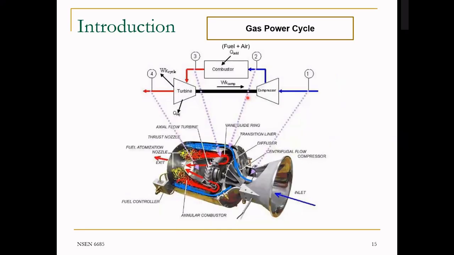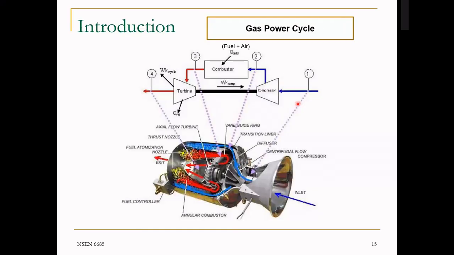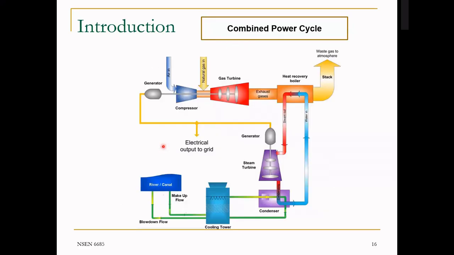If you go back to here, I said if we want to close the cycle, we have to have a recuperator or a heat exchanger. Sometimes we call that an energy recovery device. So that's the energy recovery device where we recover the energy from the exhaust gases coming out of the turbine and use it to heat up the water or the steam. So if you go back, the boiler or steam generator no longer exists here.